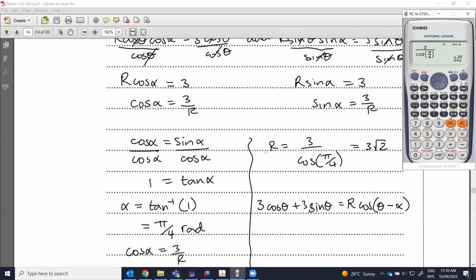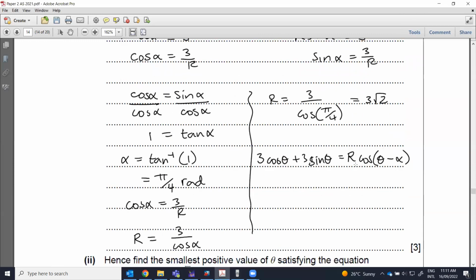Yes, that's fine. So this is equal to, my r is 3 square root of 2, and then cos of theta minus alpha, which is pi over 4.